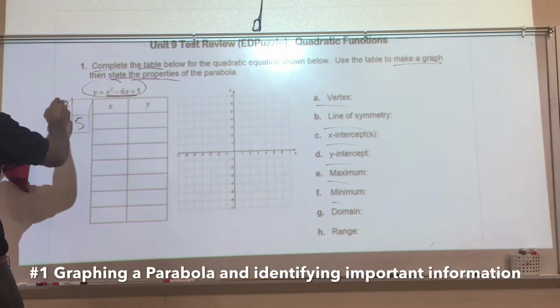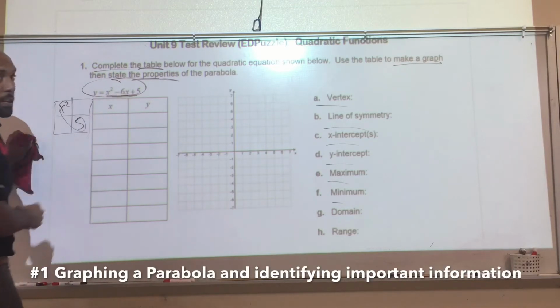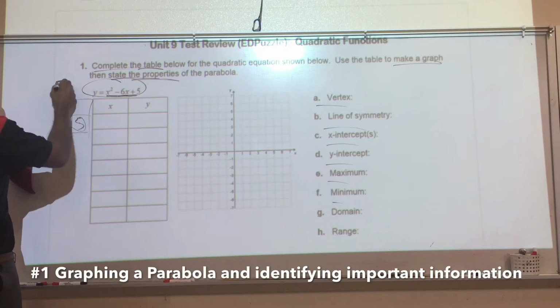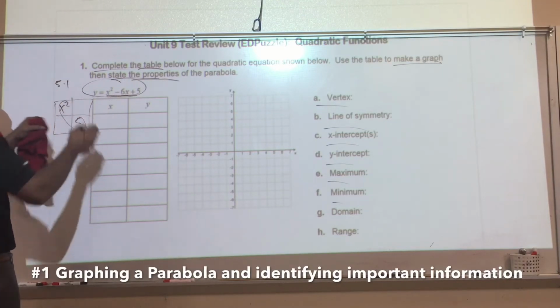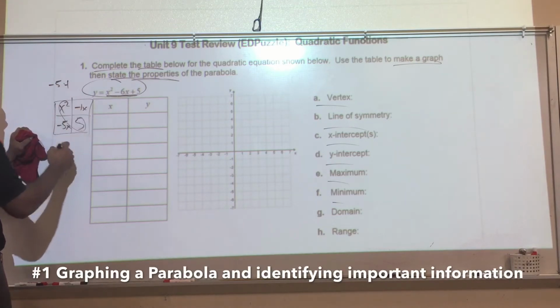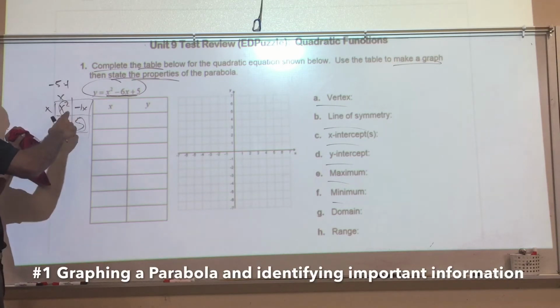Two numbers that multiply to 5, remember, but also add up to -6. Well, two numbers that multiply to 5 will be 5 times 1, and 5 plus 1 is 6, but it's negative, so they both need to be negative. So -5x, -1x, that's x squared, so I know x times x is x squared.